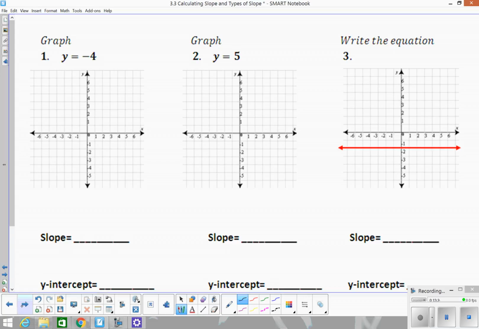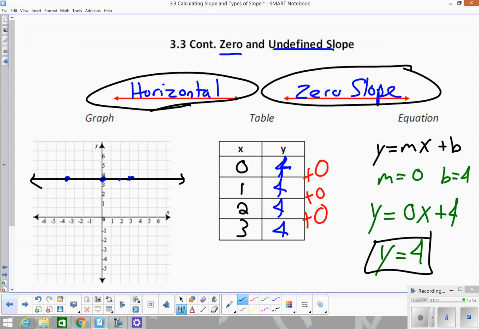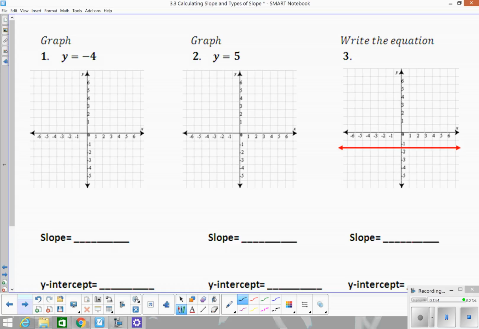Let's go through one example. Now, I'm just going to go through example 1. So if I have y equals negative 4, well, looking back, y equals 4, the 4 is actually my y-intercept. So what's my y-intercept here? The y-intercept's negative 4, which is all the way down there.